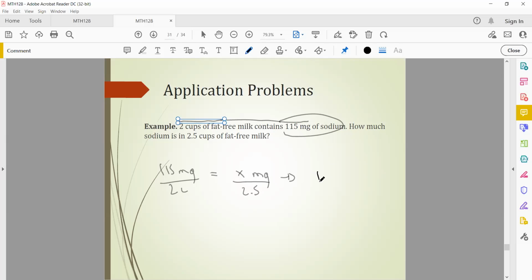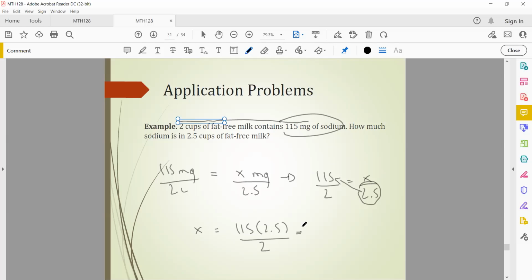And now drop your units so that you just get numbers. And then, of course, last step is solve for the only variable. So 2.5, move it over there, put it on top, and you get X equals 115 times 2.5 divided by 2.